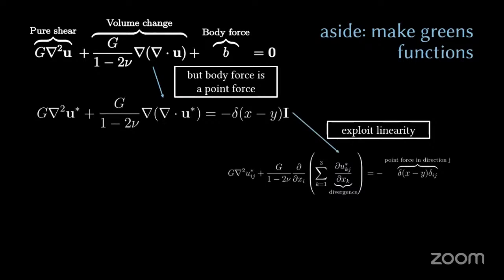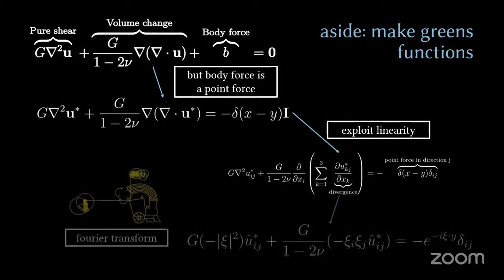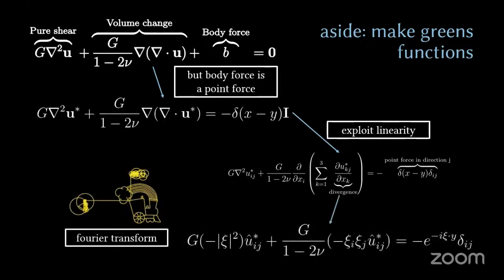Then another thing you should notice is you can also exploit linearity in this. I'll try to go over this quickly because most of this needs a lot more time to go over. But essentially, the main insight comes over here. After the first insight that the body force is a point force, the main insight is you exploit linearity and then solve this in the Fourier space.